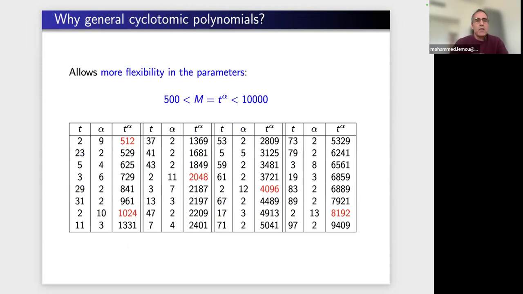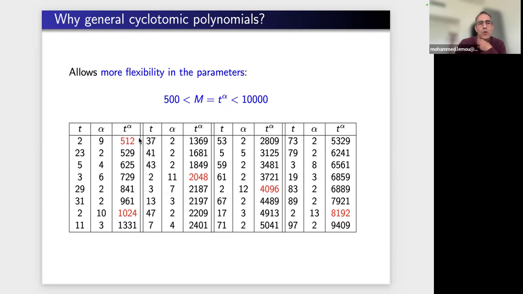You should ask me maybe why we want to deal with general cyclotomic polynomials rather than power 2. We want to generalize these cyclotomic polynomial spaces. The most trivial argument is the flexibility of the parameter M. The spectrum of the values described by the form T power alpha is much larger, because you have 2 parameters instead of only 1 in the case of power 2.